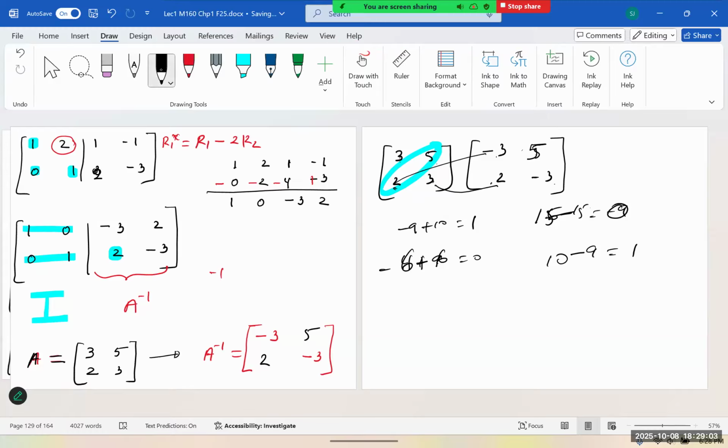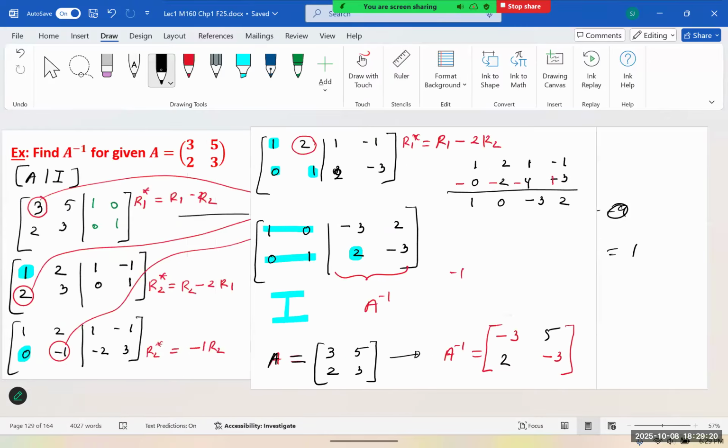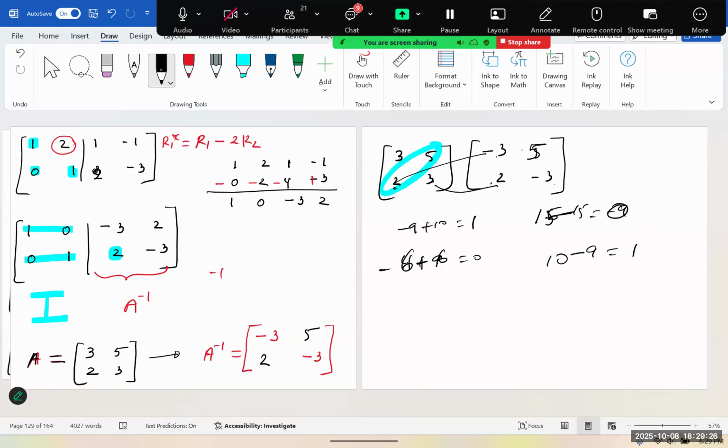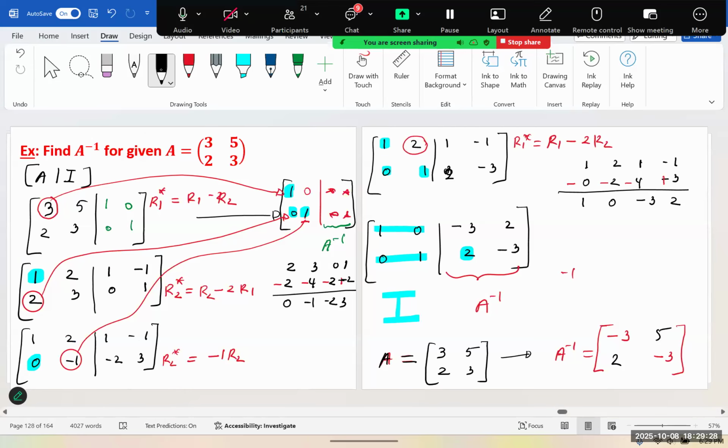Oh. In the final step, -1 plus 6. Alvin, which step are you talking about? Finding the I or checking whether it gives us the I? Or R1, 2, R2. R1 minus 2, R2. Okay.